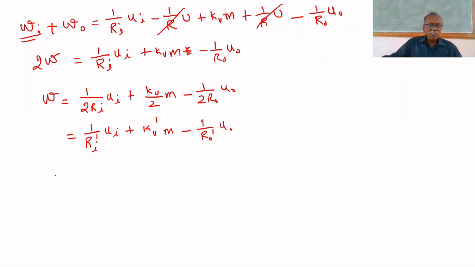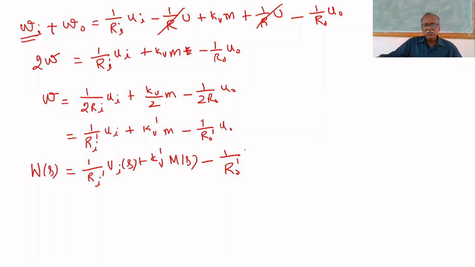If you take the Laplace transform, you will get W of S equal to 1 by Ri dash Ui of S plus Kv dash M of S minus 1 by R naught dash U naught of S. So let us assume that there is no change in upstream pressure and downstream pressure; by manipulating M, we can manipulate the flow rate.